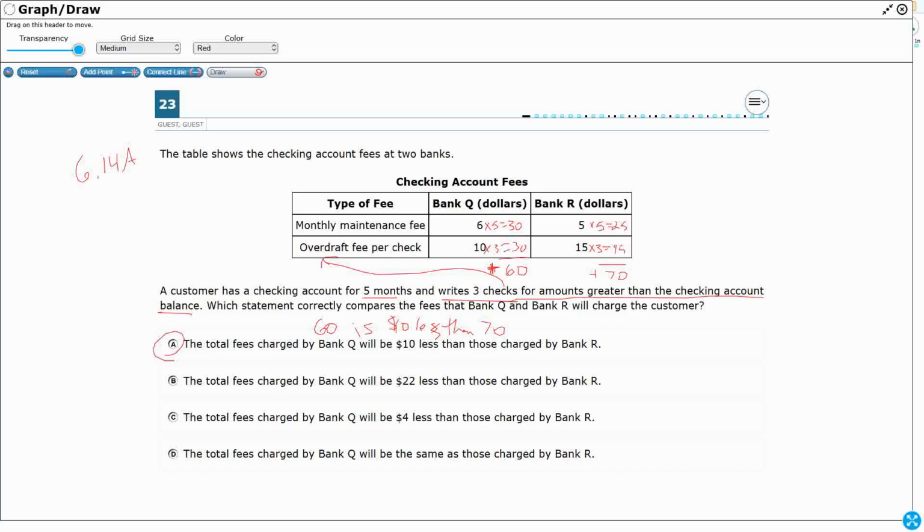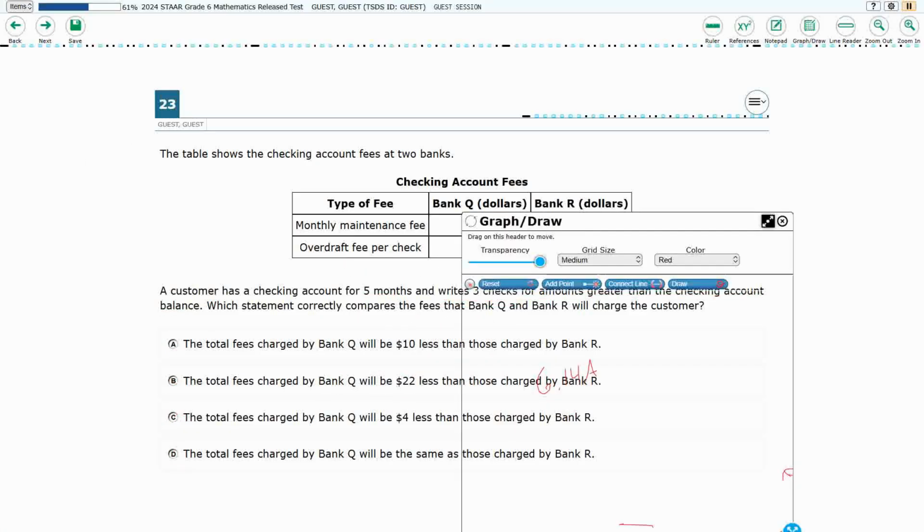The total fees charged by Bank Q, 60, is 22 less than Bank R. No, we've already established 60 is 10 less than 70. The total fees charged by Bank Q is $4 less. So 60 is not $4 less than 70, and then they're not going to be the same. 60 is not the same as 70. Okay, so our answer here is A.